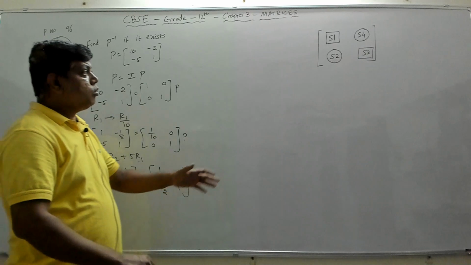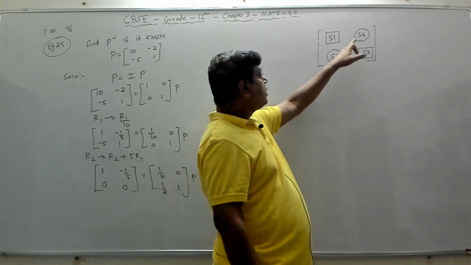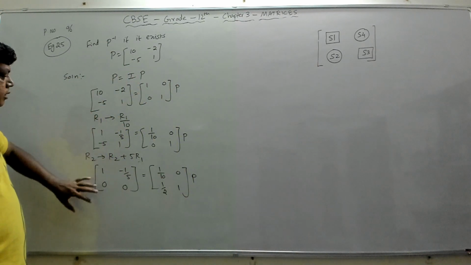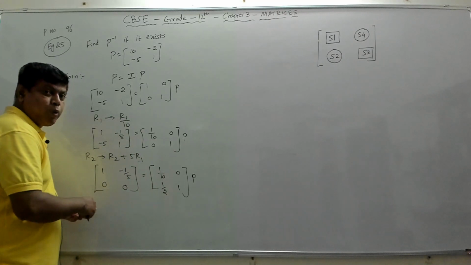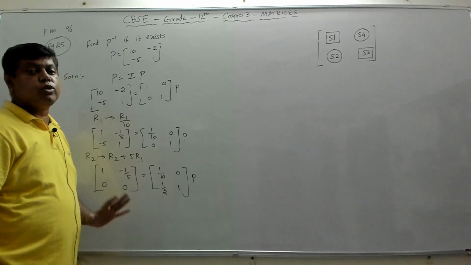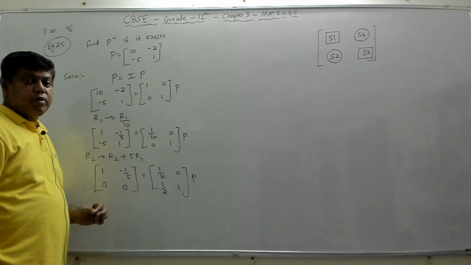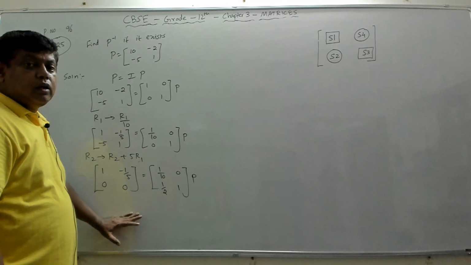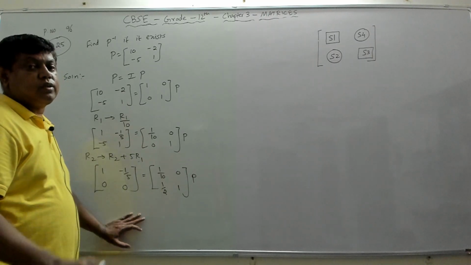If all the elements in a particular row or column become 0, we have to stop.